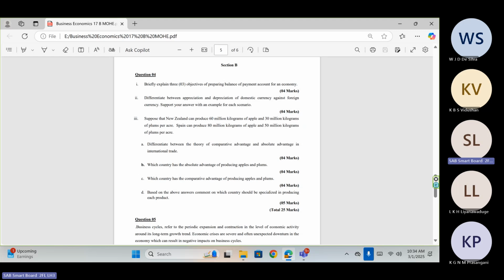When you write this, you can put it like this: exchange rate increasing, then currency depreciating. This is foreign currency. This is domestic currency. Exchange rates are increasing.